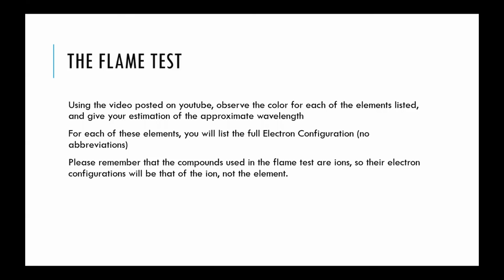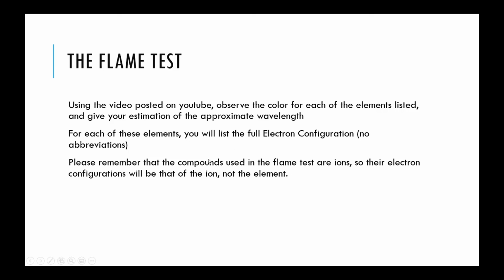The second portion of the quantum part of the experiment is looking at a video on YouTube. This is a video of the flame test, and in the video, they're burning a lot of different elements in a high intensity flame.